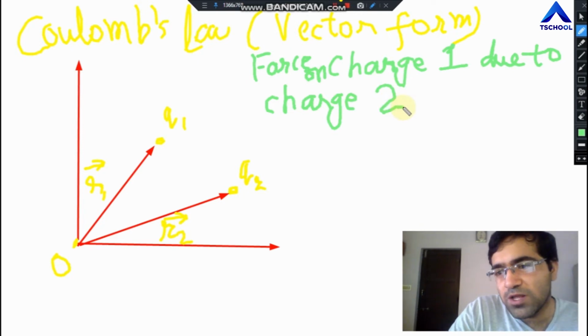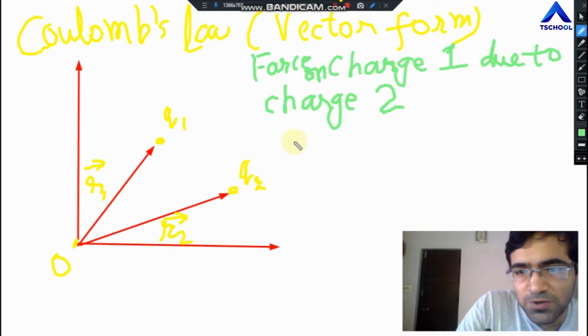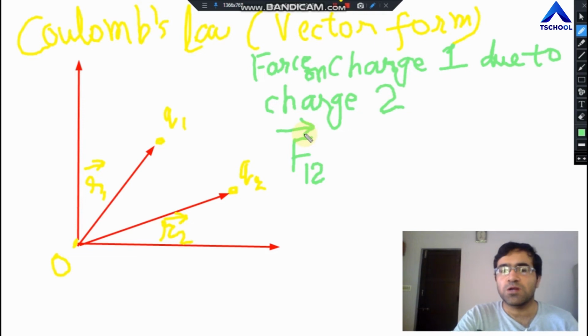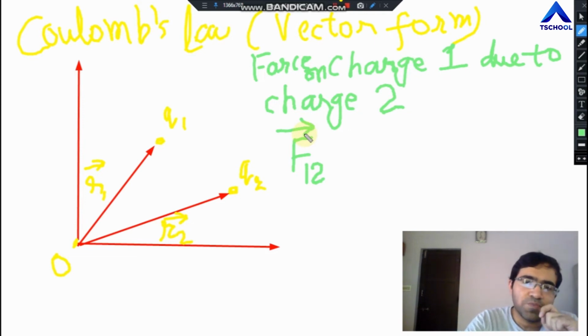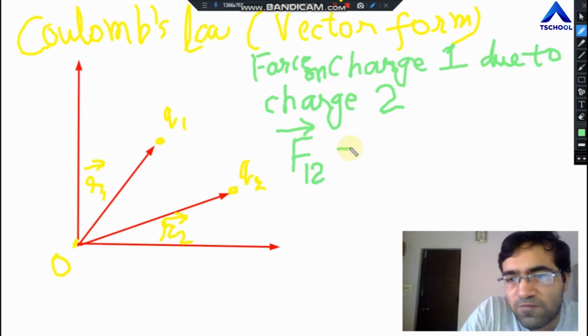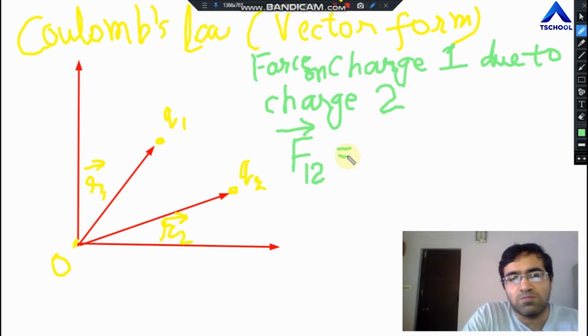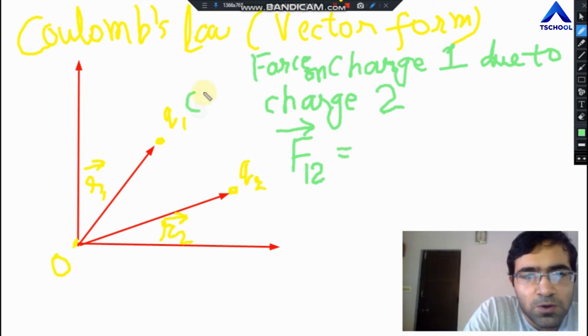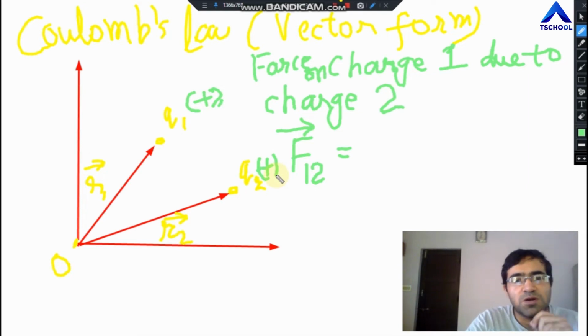I'm sure you remember these symbols. The symbol of this force would be F12 vector, the force on charge 1 due to charge 2. For simplicity right now, let's assume that both of these charges, Q1 and Q2, are positive.